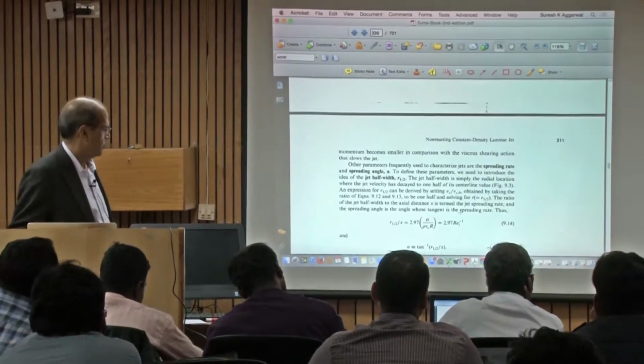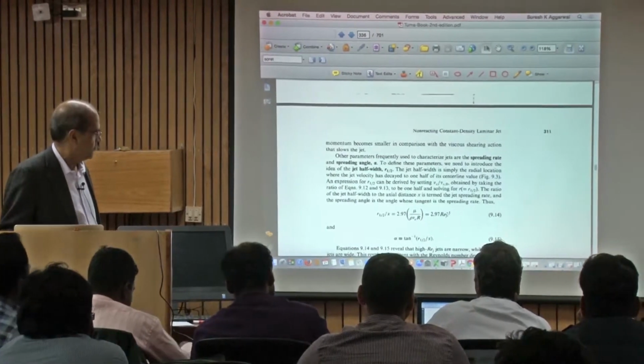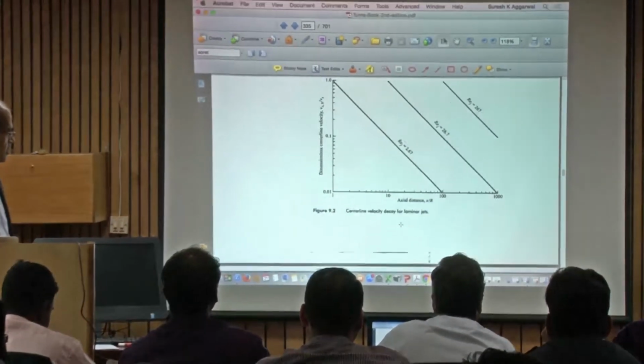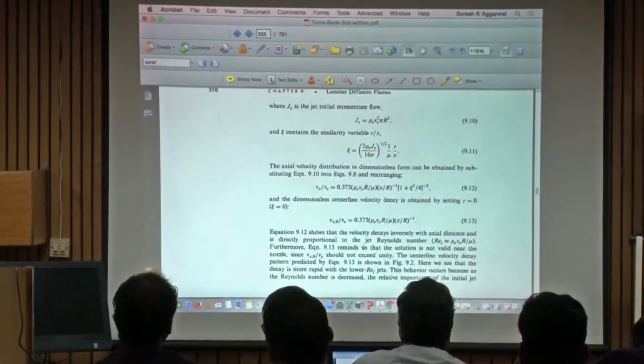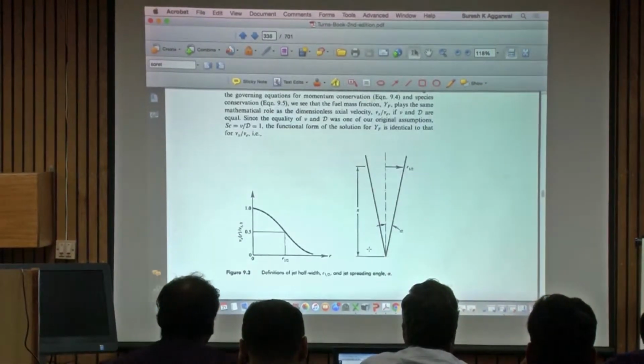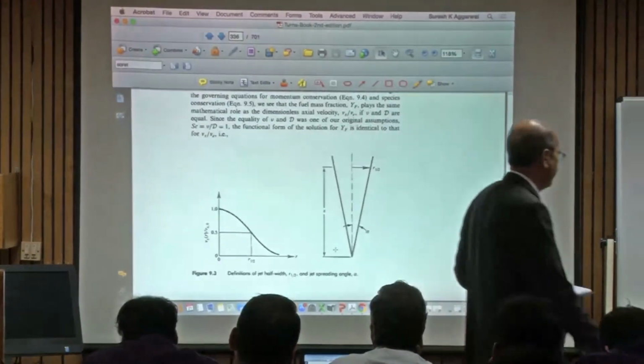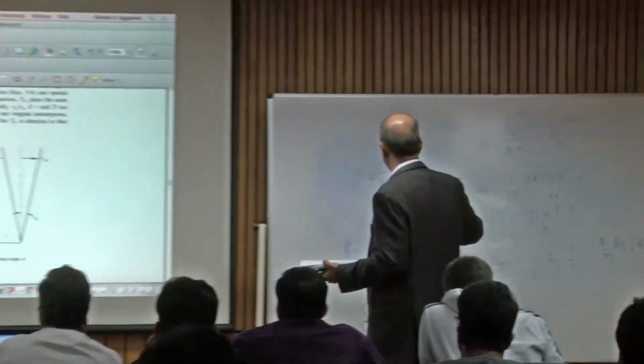Okay. So, this also defines the spreading angle. I don't know if it is plotted anywhere. Yeah. Okay. So, this is like showing the jet coming out from a very small radius.